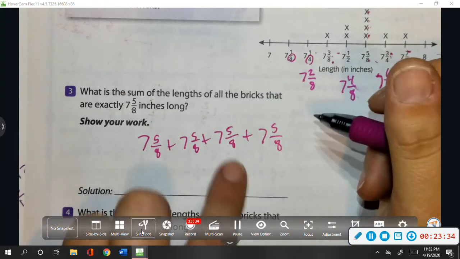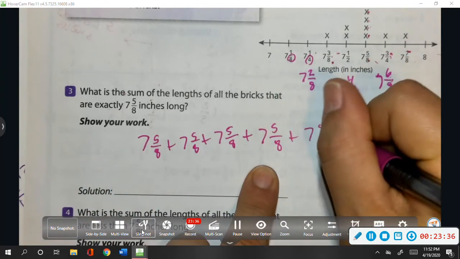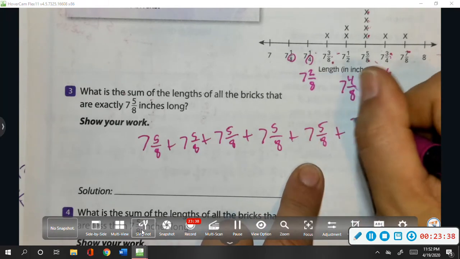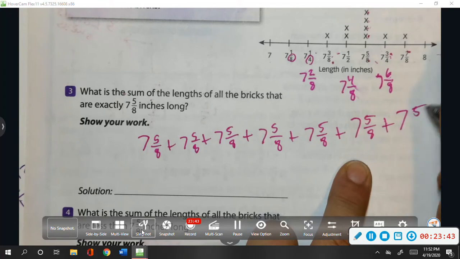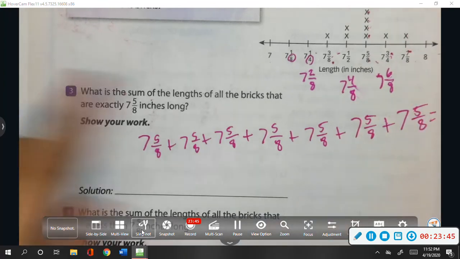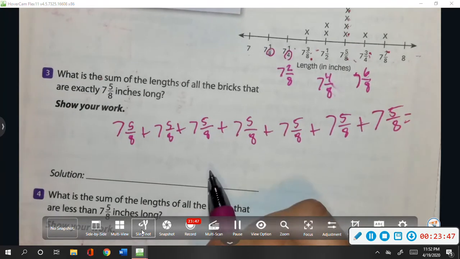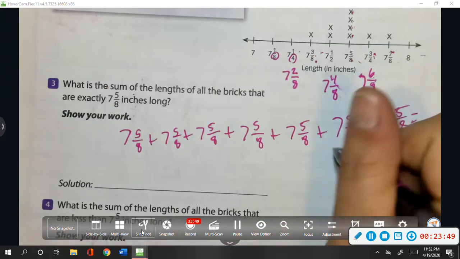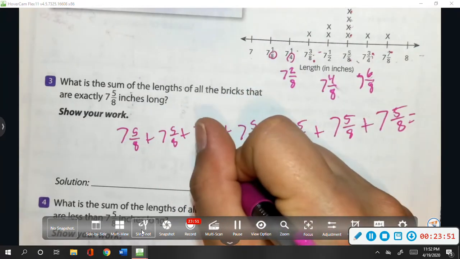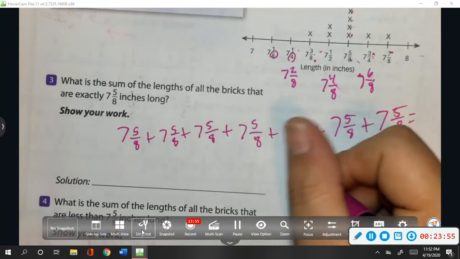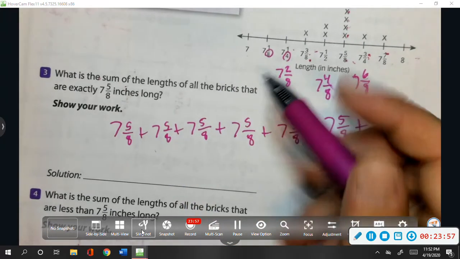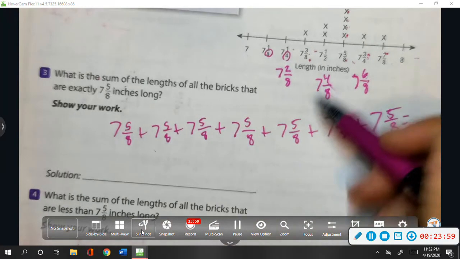That's 1, 2, 3, 4, 5, 6, and 7. And you can go through and add that up using repeated addition, or because this is repeated addition, we know that we should be able to do 7 times 7 5/8, which you could do. Okay, let's do it this way real quick. 7, 7, 7.